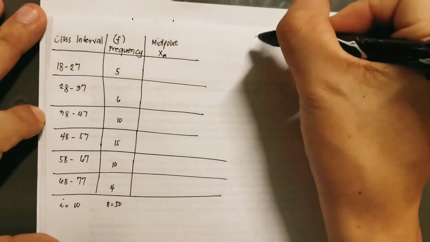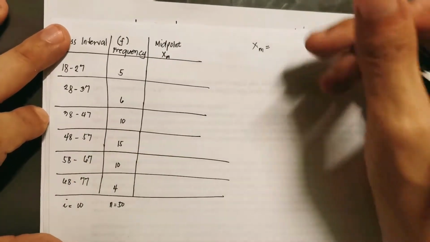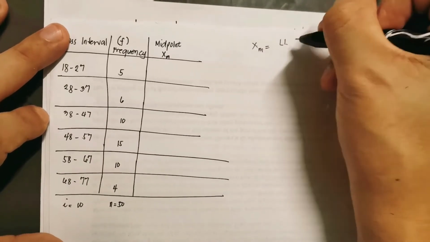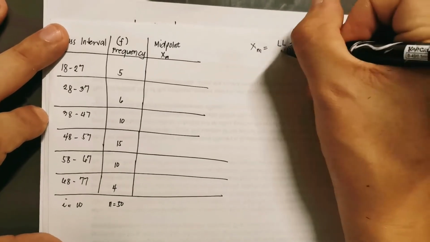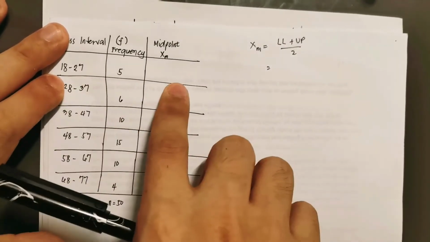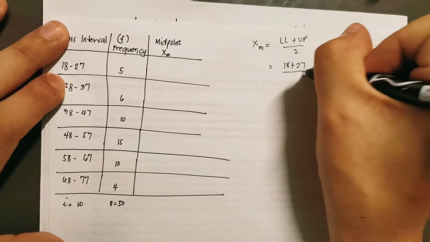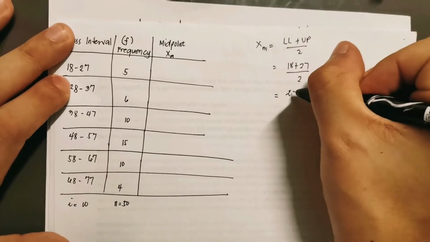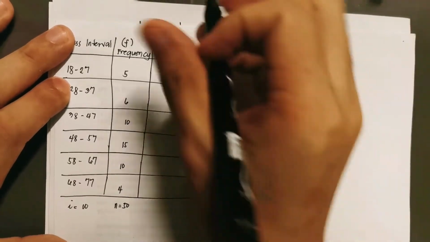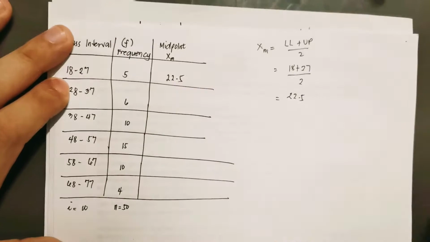To get the class mark, x sub m, that is the average of the lower limit plus the upper limit, divided by 2. For example, for the first group, you have 18 plus 27 divided by 2, which is 22.5. That is our class mark, 22.5.